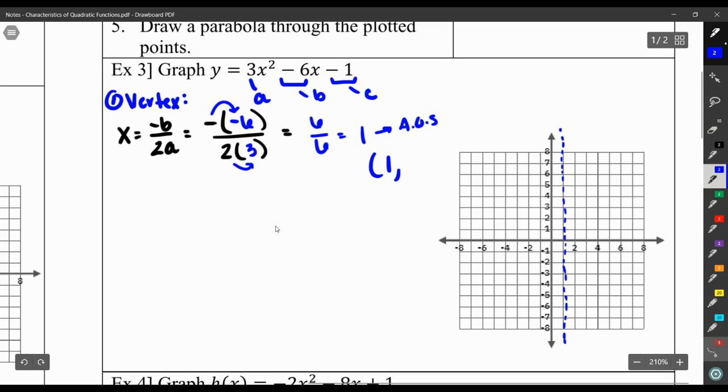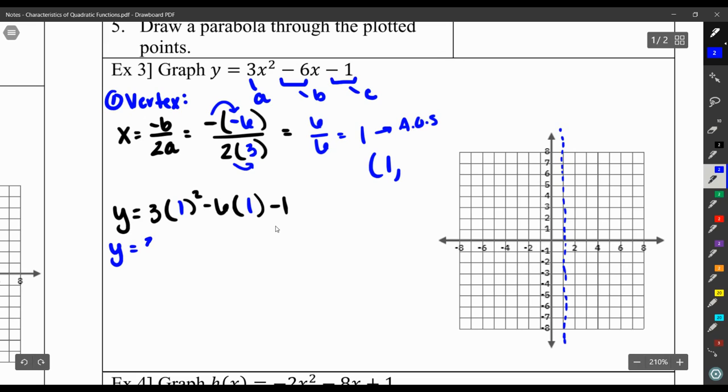Well, to find the y value, you have an x. Take that x and substitute it into your original equation to find your y. So y equals 3 times x squared, but x is 1, minus 6 times x again, which is still 1, minus 1. And we're just going to simplify this down to find the y value.